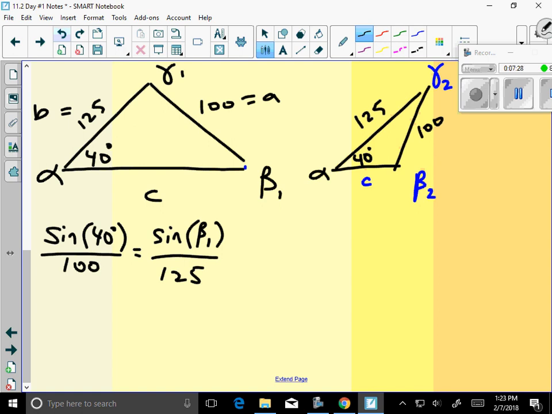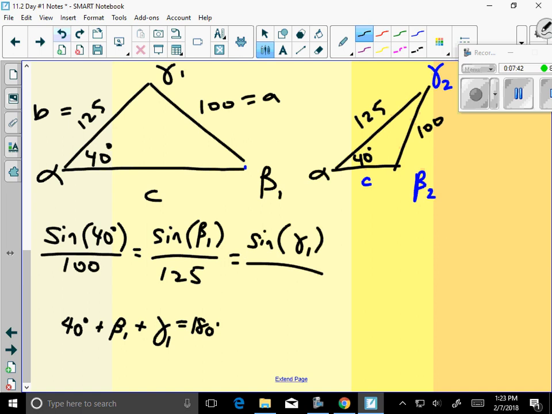Because alpha, which is 40 degrees, plus beta 1 plus gamma 1 would have to equal what? 180. Cool. So then I'd know gamma 1. And of course, I don't know C, but once I've found beta 1, I can find gamma 1. And once I've found gamma 1, then I can cross multiply and solve to find C.